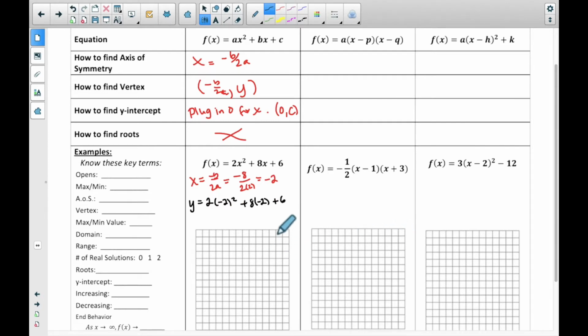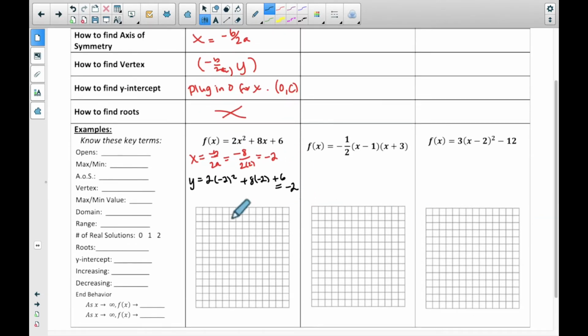When you do this, make sure that you're using parentheses to plug in for your negative 2 and just be real careful with those negative signs because a lot of times that's what gets people tripped up. And so I'm going to go through and simplify this, and when I do, I get a negative 2 for my y value also. And that's just something you can plug into your calculator and get from there.